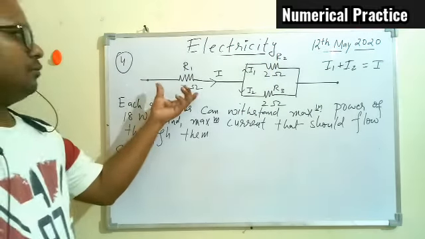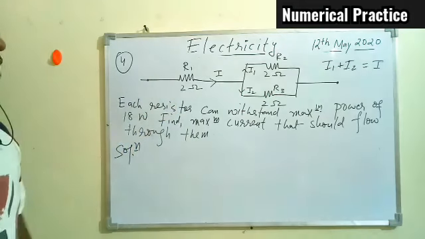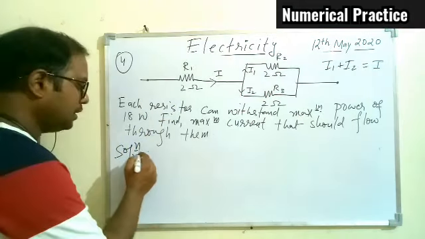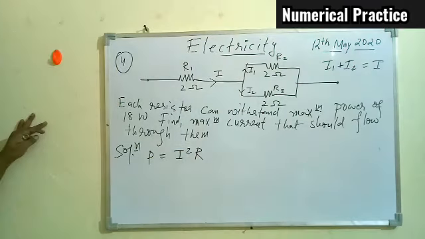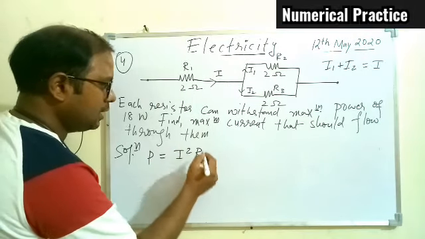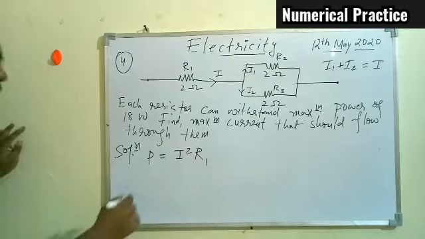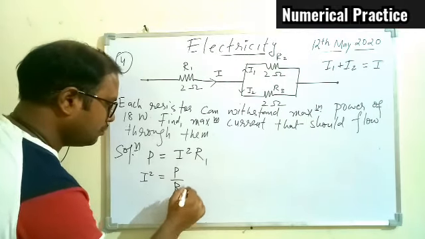First of all, let's find out how much current can maximum flow through R1. We know P is equal to I square R. So I square will be P upon R1.